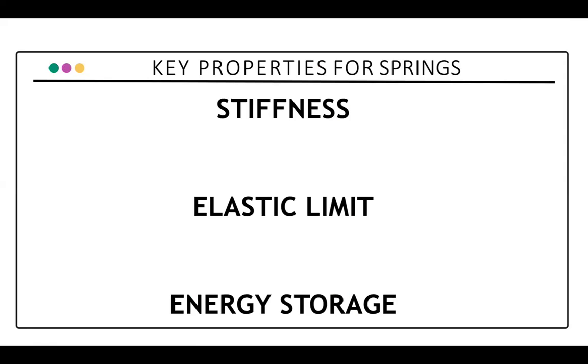The elastic limit is the maximum extent the spring can be deformed without losing its shape. So this is the elasticity. And for energy storage, of course, the spring stores energy when deformed.